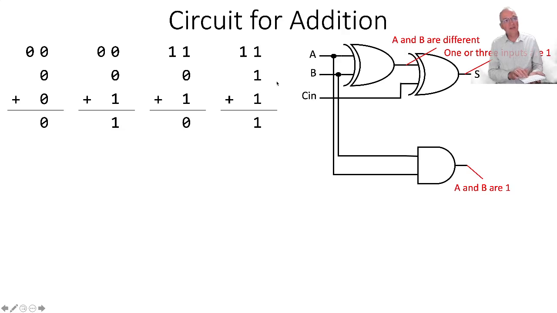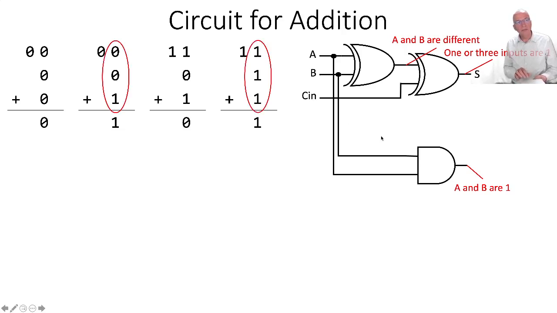And then I do an XOR of this 0 with that 1, that gives me a 1, and that's what I have here. So what this circuit is telling me is that I have 1 or 3 inputs equal 1. This is also called the parity circuit because I can look at the output and know whether the number of ones is odd or even. So this is the situation where I get a 1, and that's the sum.